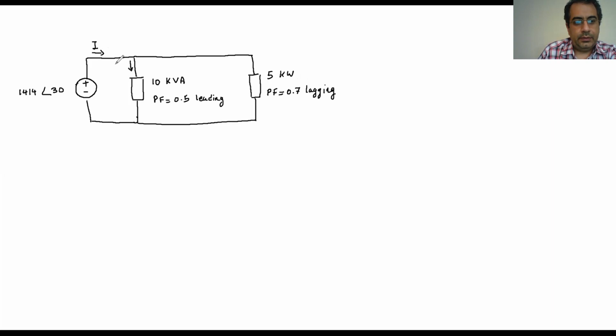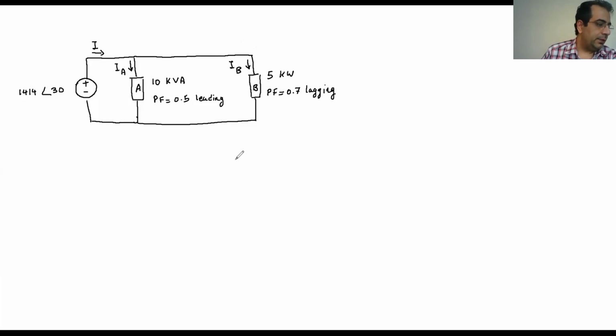It's going to be I going through the load A. So if this one is the load A and this one is the load B, the current that goes through is going to be I B.